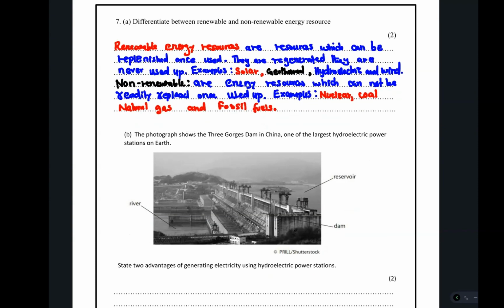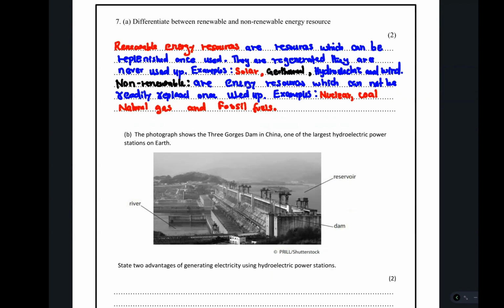Then you also need to understand advantages and disadvantages of using this non-renewable to the environment, and also the advantages. So basically you need to go straight and check those advantages, disadvantages, and advantages before you sit for your exam. The photograph shows Three Gorges Dam in China, one of the largest hydroelectric power stations on Earth.